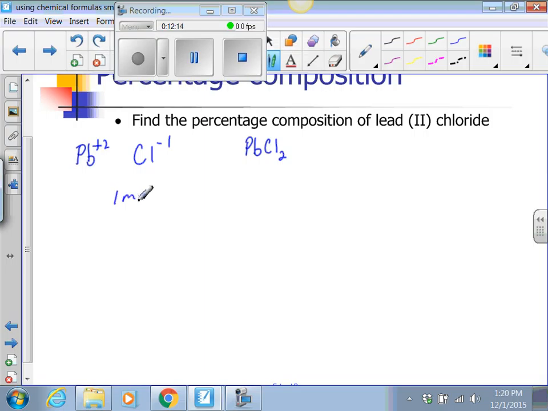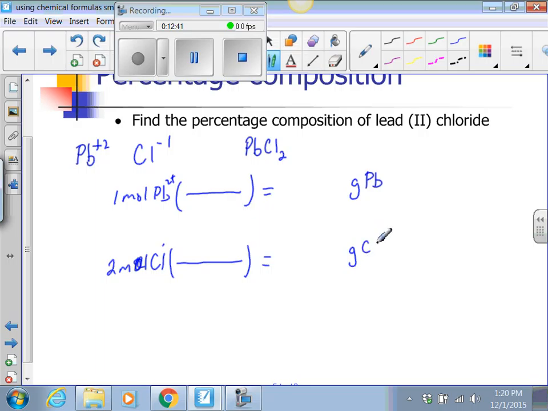So this is going to be 1 mole of lead times the molar mass of lead is going to give grams of Pb. And then we're going to have 2 moles of chloride, the chloride we're going to convert to grams, and then that's going to give us grams of Cl.